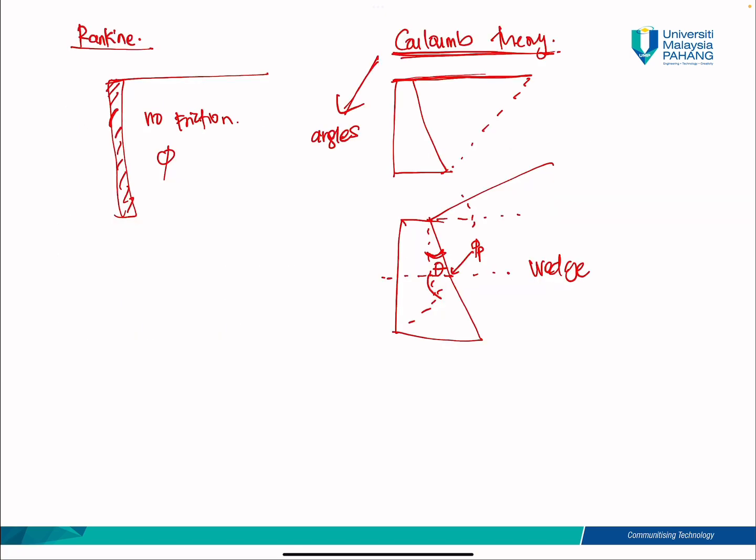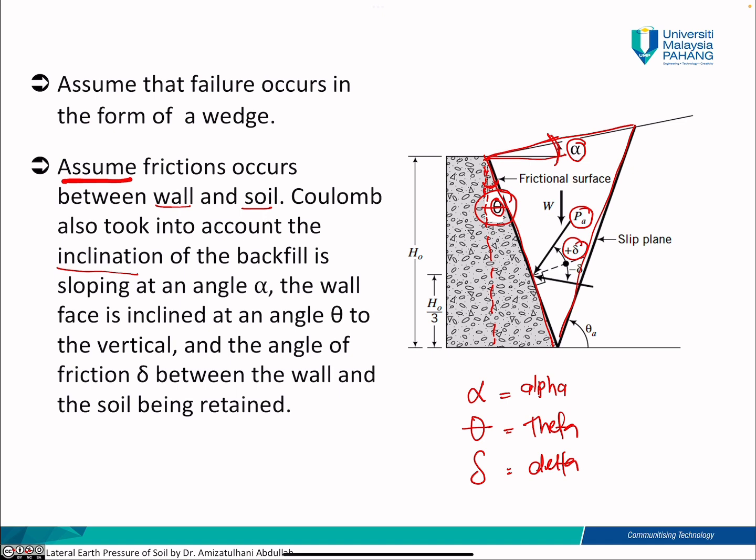Alright, I couldn't get the eraser. So here again, the inclination of the backfill is sloping at an angle alpha. Sudut yang antara tanah ni, dia ada slope di belakang retaining wall. So when there is a slope behind the retaining wall, you will get it as an alpha value.